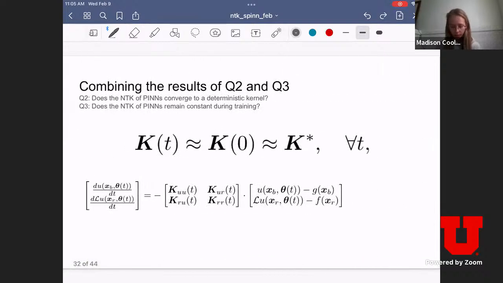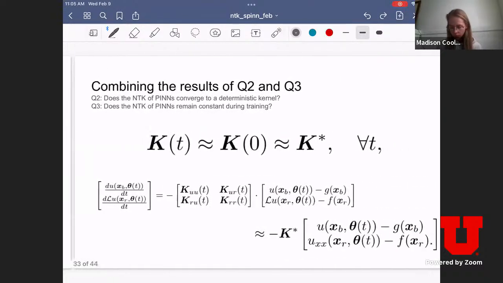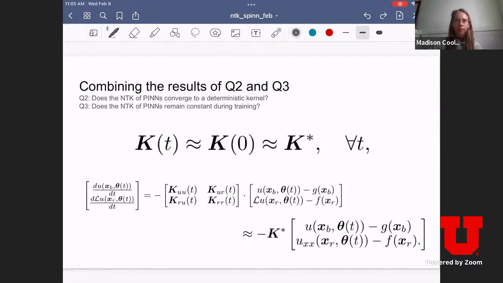And this is useful because if you consider the training dynamics equation that we discussed earlier, this means that the training dynamics of your network can be described using this deterministic kernel that remains static during the training, under all of these assumptions, of course. And this is useful because it gives you the dynamics at the very start of training as well, so you can see how your training is going to behave from the very beginning.